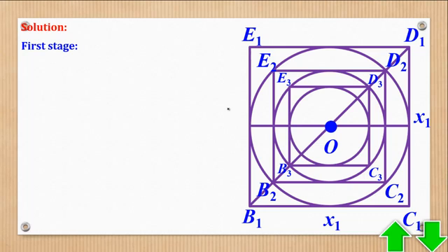So let's begin with the first stage. The first one is only this first square and the first circle. There we know that this length x1 is 1 unit from the question. And we also know that the circle has a radius which is half the length of the side of the square. From here to here is the radius, which is half of x1.